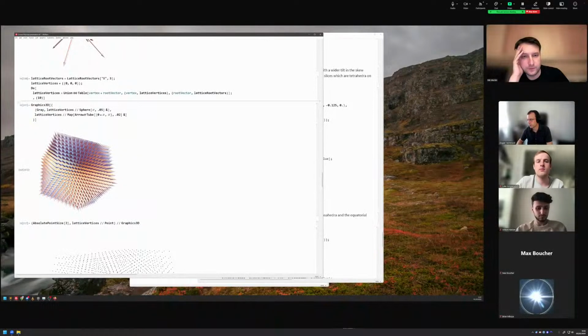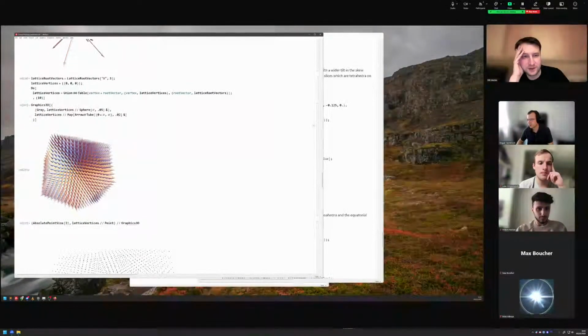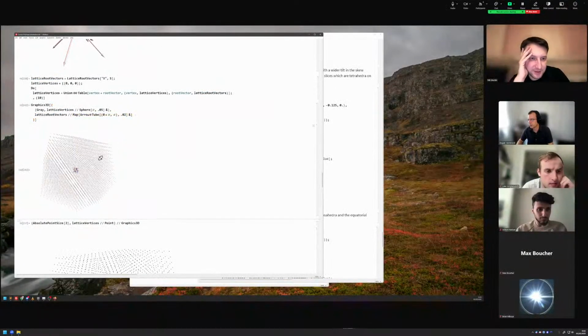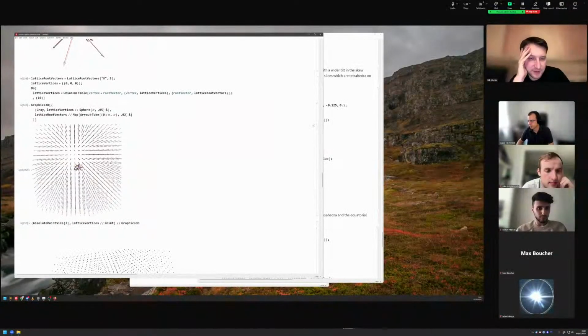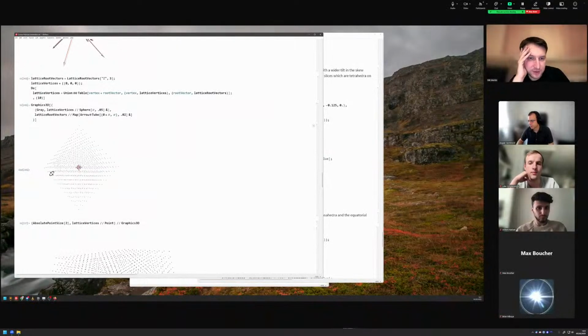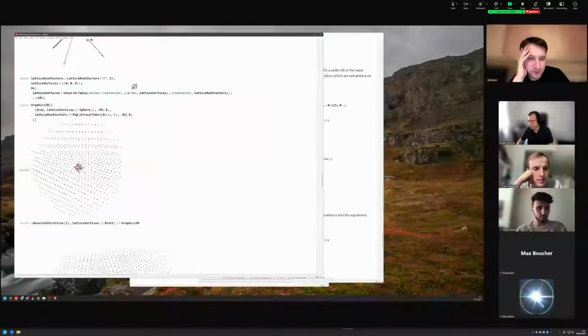Oh god. Whoops, too many layers. There it is. So the B3 lattice is kind of simple, and this is the cubic lattice.